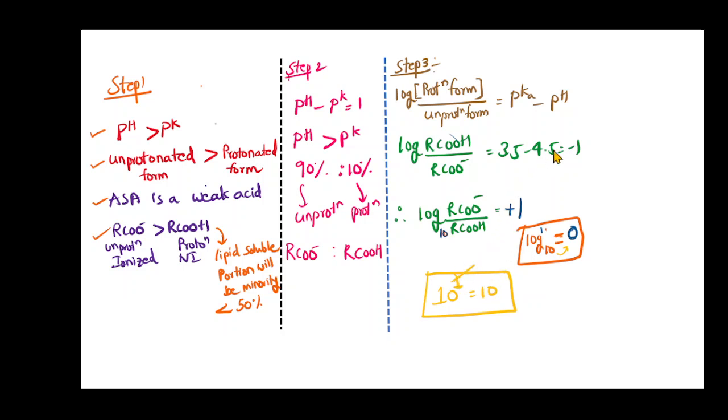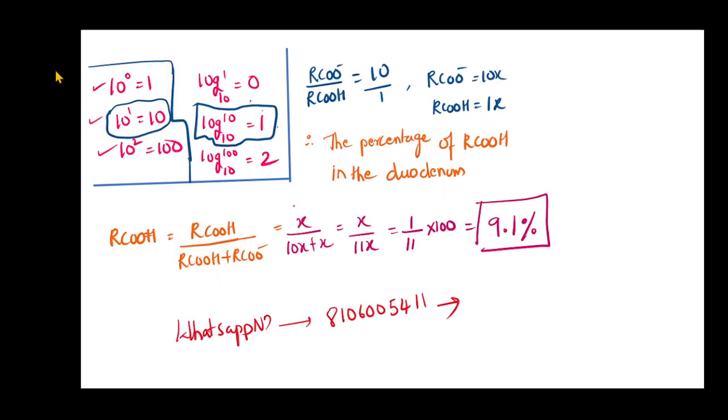See here, minus 1 becomes plus 1 when you reverse it, RCOO minus by RCOOH. Then the base value goes here, 10 power 1, how much? 10. 10 power 0 is 1, 10 power 1 means 10, 10 power 2 is 100.